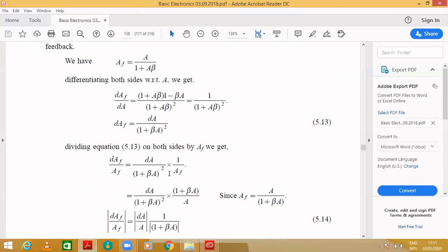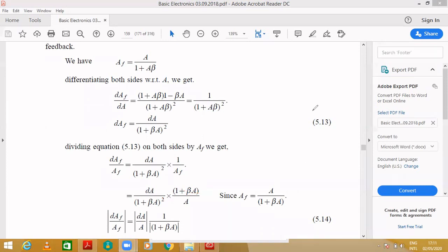By substituting here, this and this will cancel. On substituting AF, 1 over AF becomes (1 plus beta A) by A. By cancelling these two, it becomes 1 by (1 plus beta A), times dA.